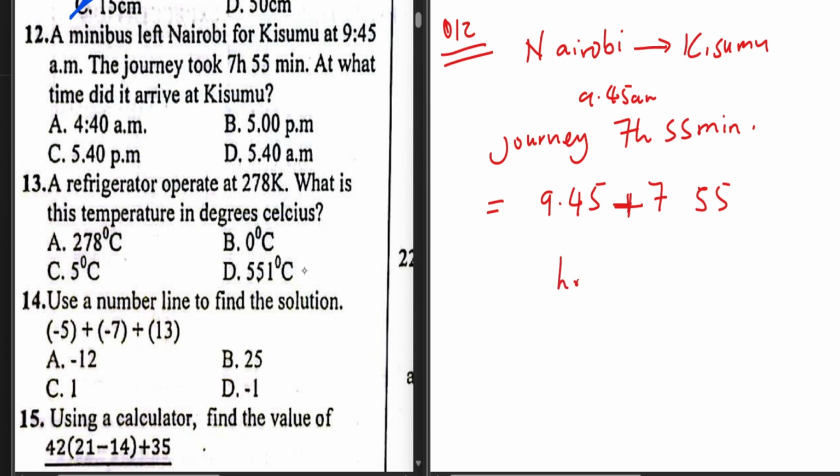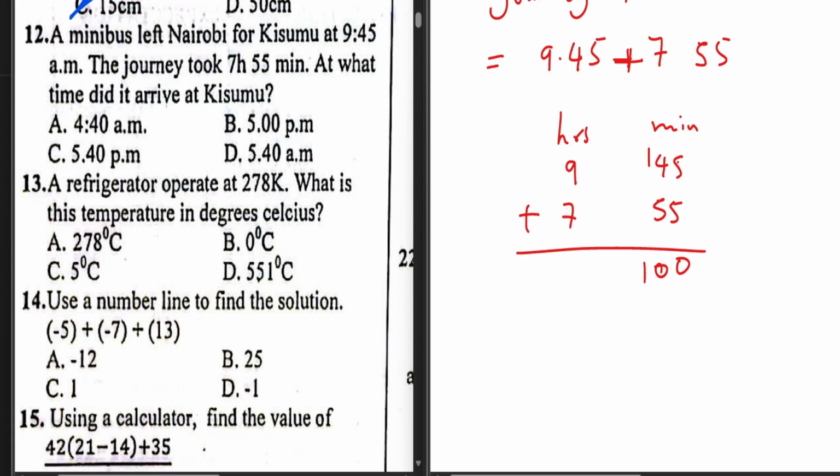Okay, so if you look at hours and minutes, this is 9, this is 45, added to the 7 hours and 55 minutes. So obviously 45 plus 55 gives you 100. But since 1 hour gives you 60 minutes, you need to subtract 60 from it to give you 40. And the extra 1 hour, you add it to the hours. So 9 plus 1 is 10, 10 plus 7 is 17.